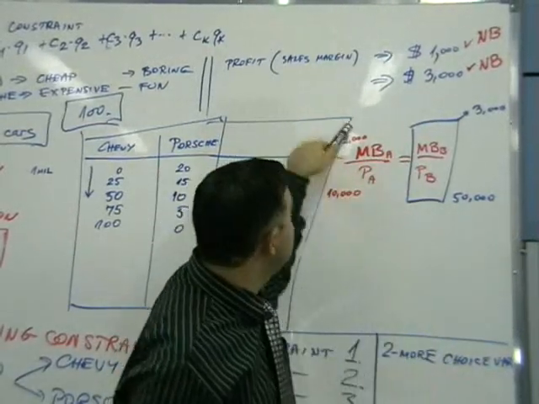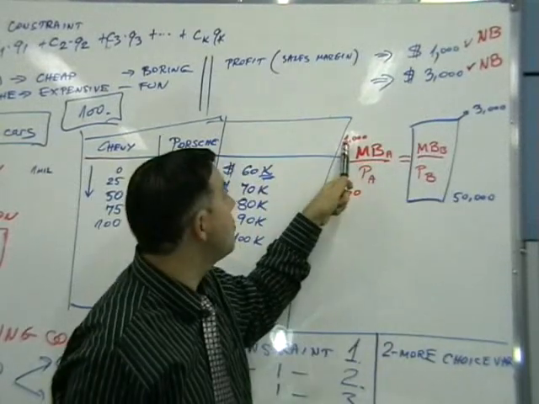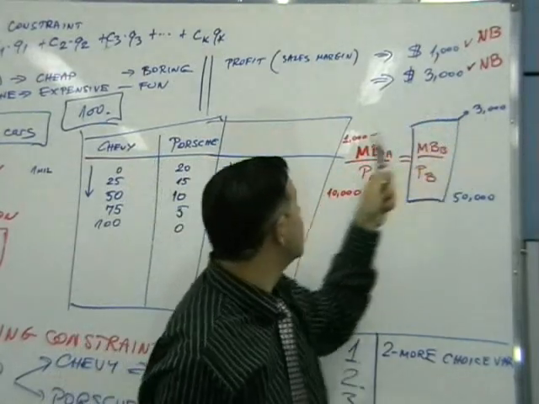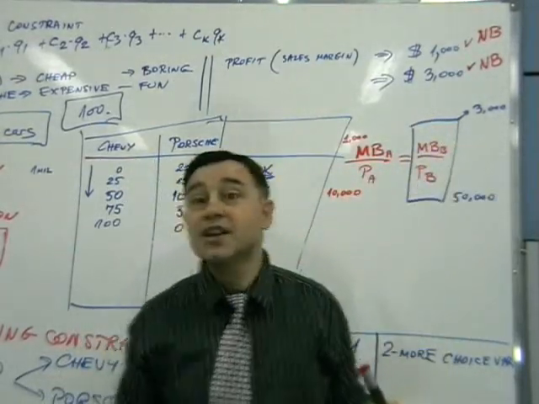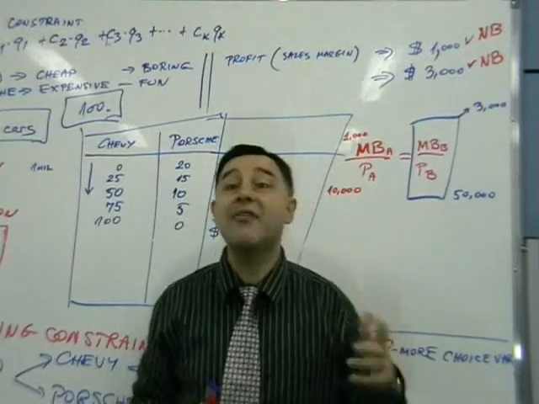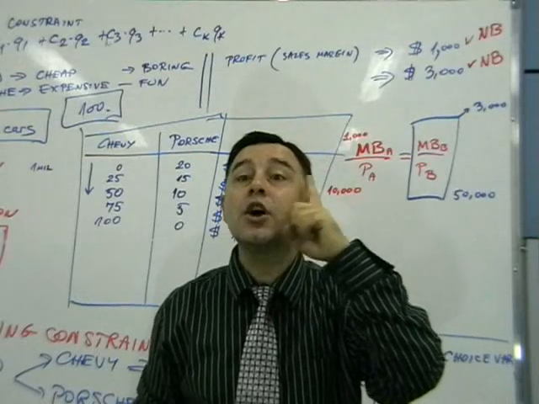So, in this particular case, I chose the price to be constant and I chose the marginal benefit to be constant. So this is 1,000, this is 3,000.